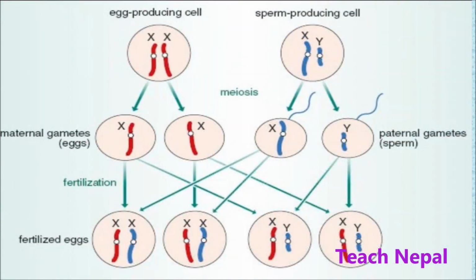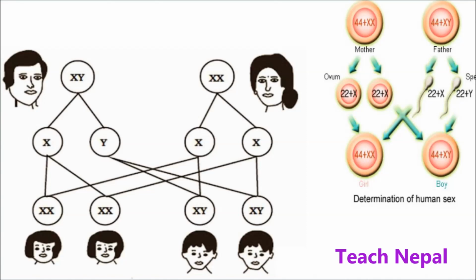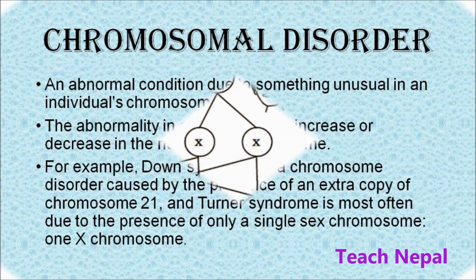You can see this in the picture clearly. X fuses with X to give a girl, and Y fuses with X to give birth to a boy child.